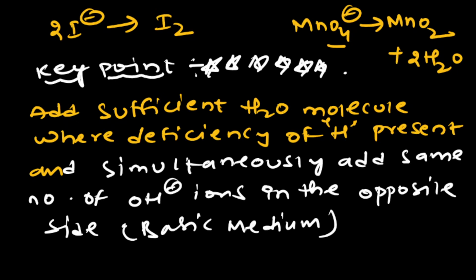Clear? Now we have to balance the hydrogen. Here hydrogens are not there. How many hydrogens are we short? 4, right? So 4 H2O we have to add at the reactant side. At the same time, on the opposite side, 4 OH minus we have to add. That is 2I minus gives rise to I2.